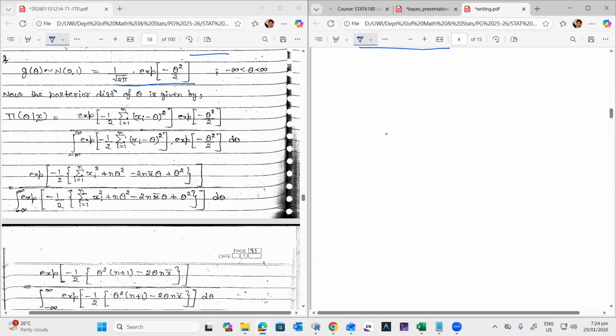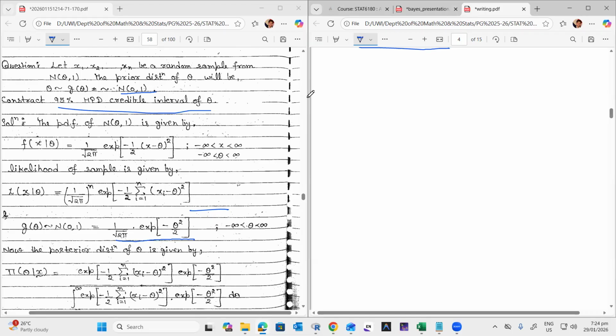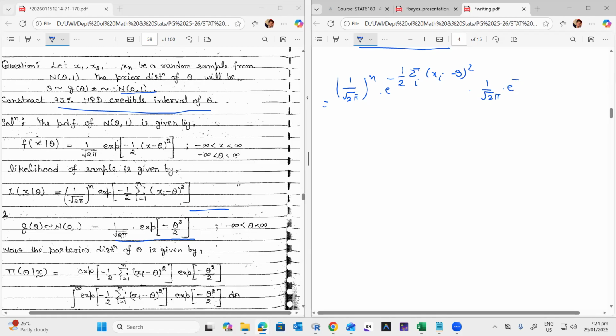So we will write the posterior. It will be 1 upon root 2 pi raised to the power n into e raised to the power minus 1 by 2 summation over i of xi minus theta whole square, into 1 upon root 2 pi into e raised to the power minus theta square by 2, with the same expression in the denominator integrated over theta from minus infinity to infinity.